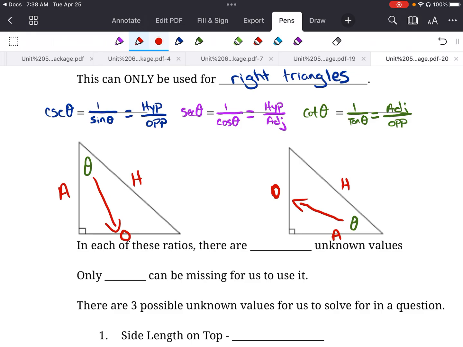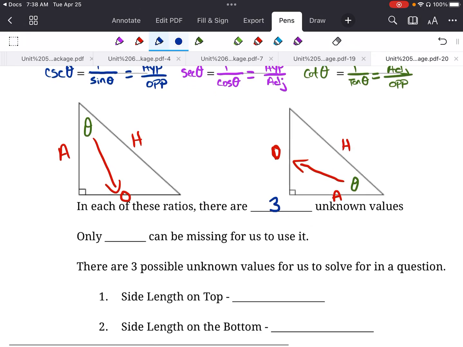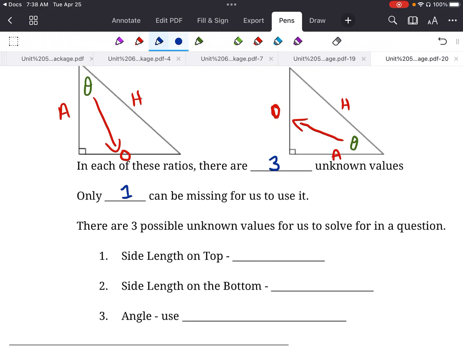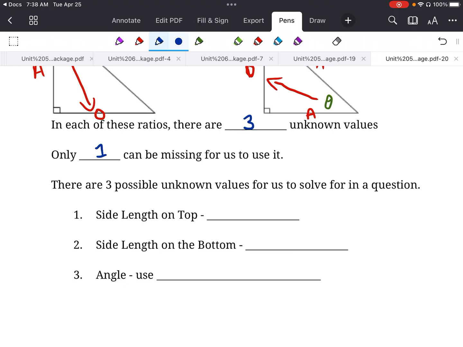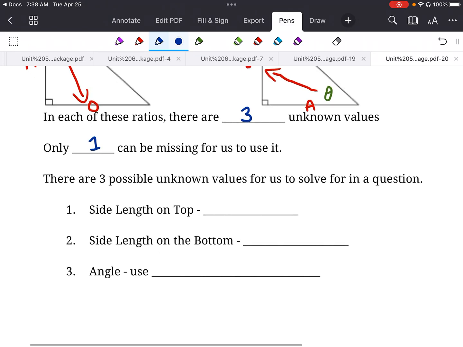In each of these ratios, there are 3 unknown values, but only one can be missing for us to use it. There are 3 possible unknown values for us to solve for in a question. First, side length with the variable on top of your fraction.